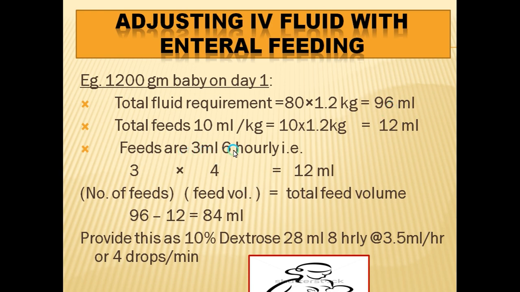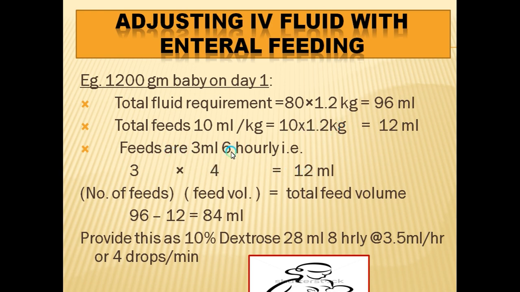Because it is day 1, we are planning to give the feed 6 hourly. 6 hourly means 4 times we have to give. So 12 divided by 4 is 3, so 3 into 4 is 12 ml. I think your concept is clear.